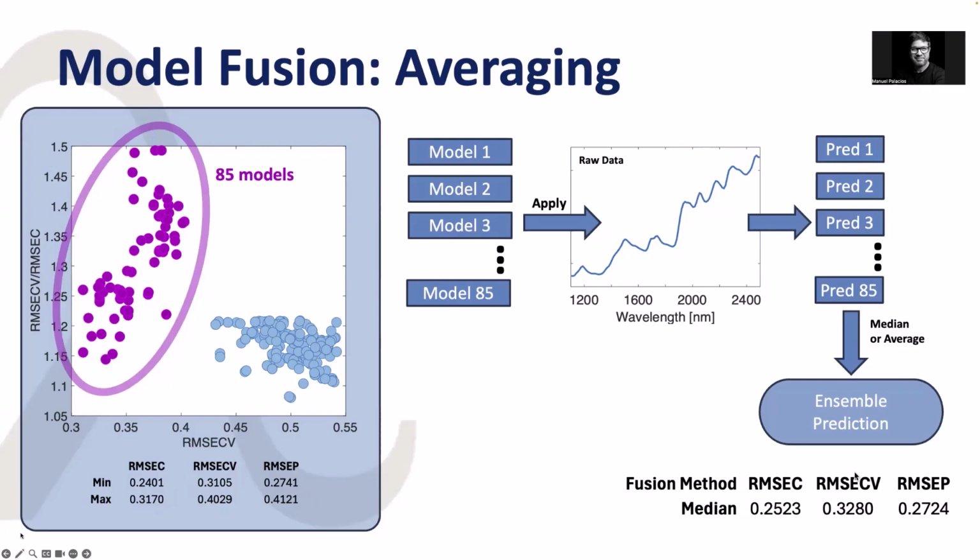So we can see that, for example, for the cross validation, we are somehow in the middle. We tend to be a little bit closer to the best performing model. But for prediction, we can see that we are already doing slightly better. And remember that this is why I showed you first that these are models that are already working really well. It is going to be hard to improve on that, but we can see here that we can have some improvement, at least in the prediction set, just by taking the median of those predictions.